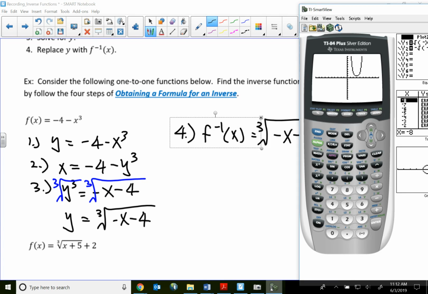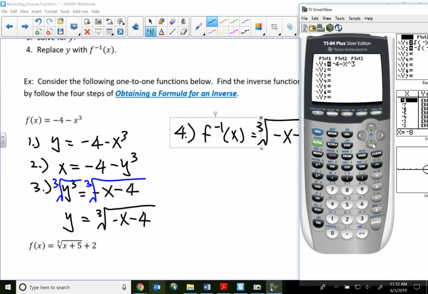So let's graph it. I'm going to graph the original cubic function, negative 4 minus x to the third. This is what the original cubic function looks like, a one-to-one function.